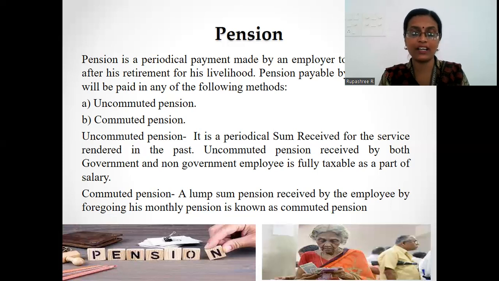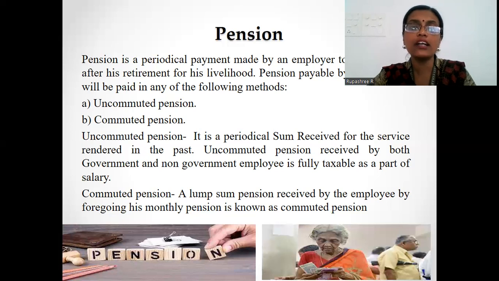In simple terms, uncommuted pension refers to the periodical or monthly pension that you receive from the employer after your retirement. For example, after my retirement, if I get a pension of rupees 5,000 per month for my livelihood from the employer for whom I have worked, then it is called uncommuted pension.